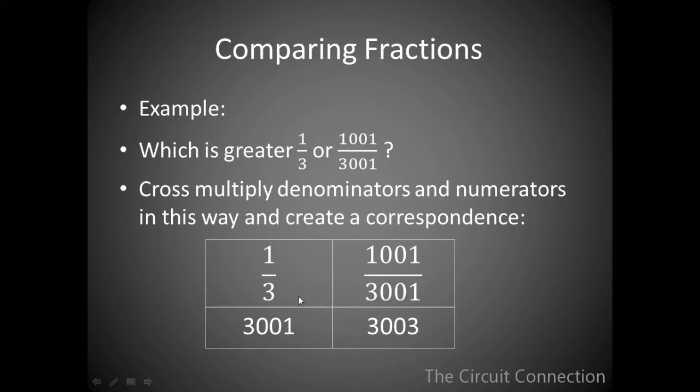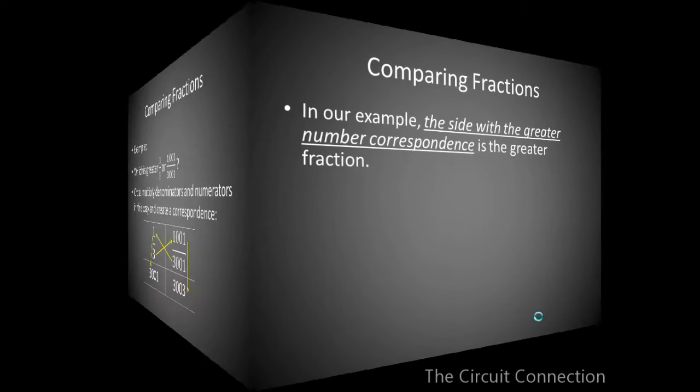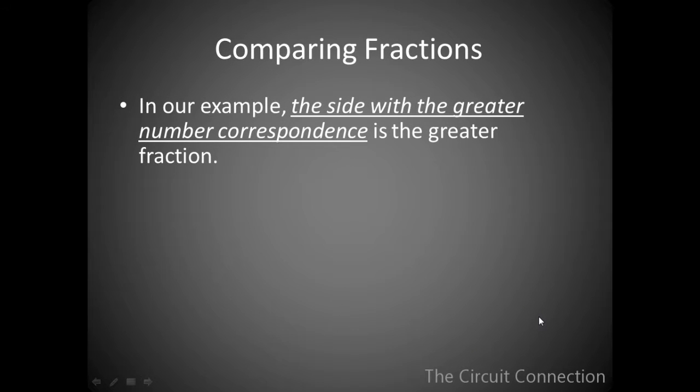We take the 3 here and bring it over and multiply 3 times 1001, and then we put that down in this column underneath this fraction. Then we take the 3001, multiply it by 1, and then bring it down and place it into our left column. In our example, the side with the greater number correspondence is the greater fraction.